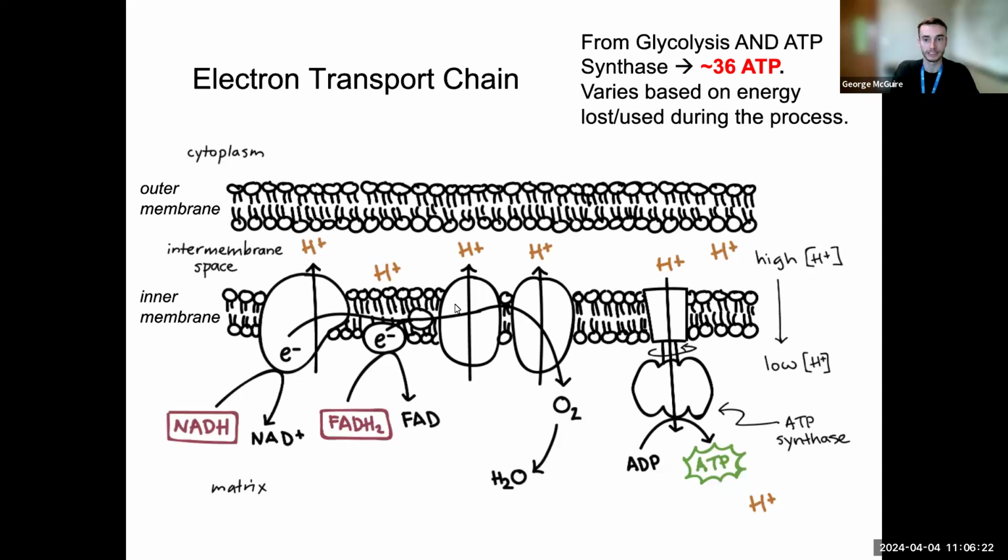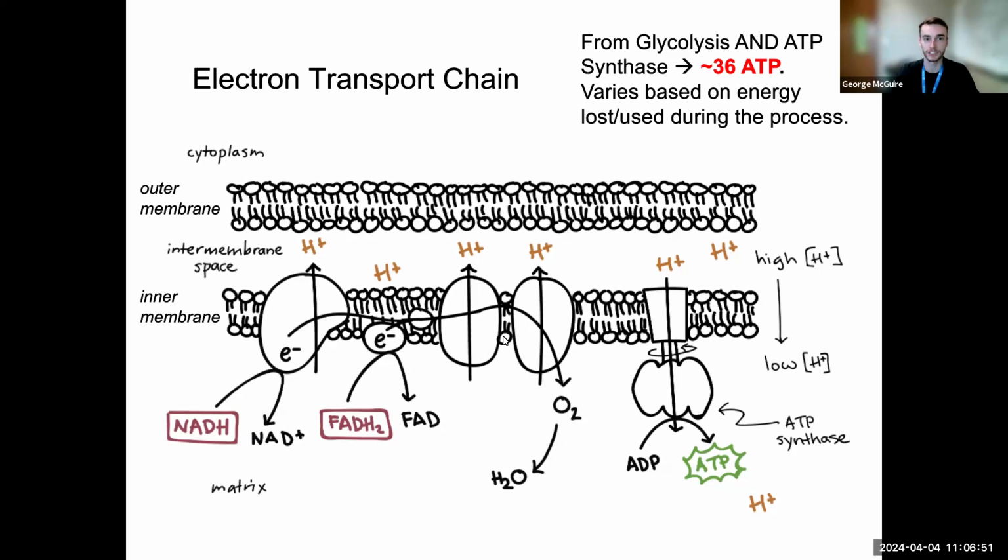These proteins take that electron and pass it on to the next protein in the chain, and then the next. This is all being driven by the very electronegative oxygens waiting at the end of this chain, creating essentially a magnetic pull that drives the electrons to move from protein to protein until they eventually end up on those oxygens, and that oxygen becomes water.